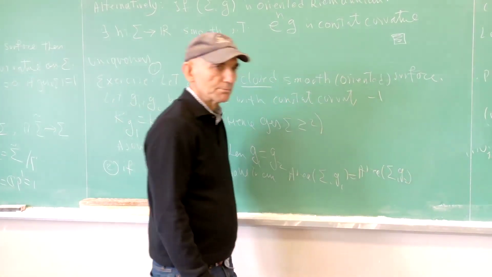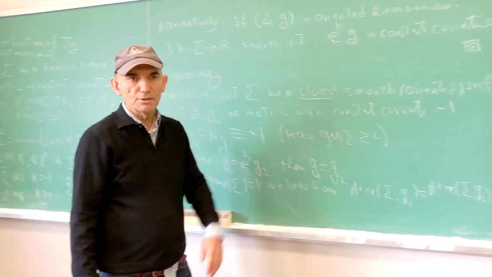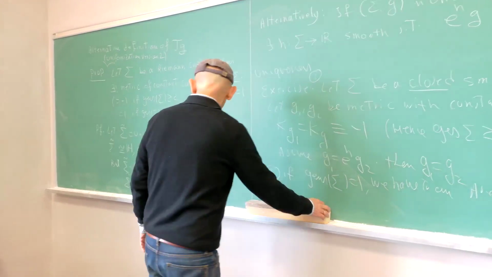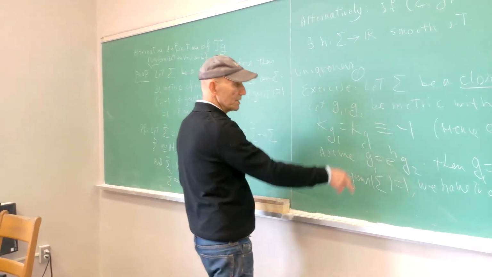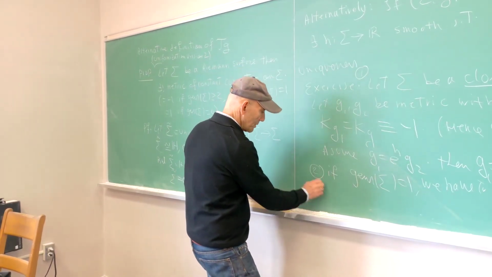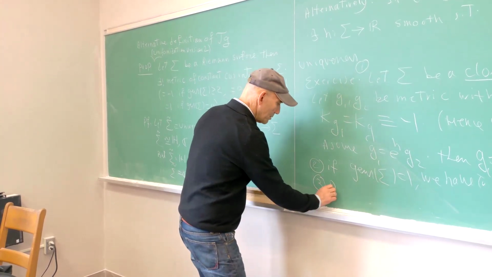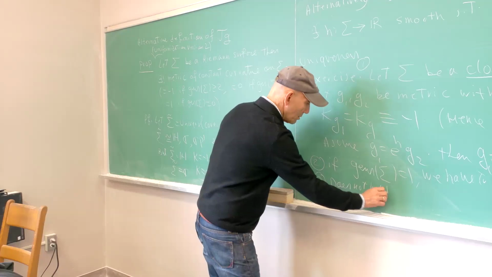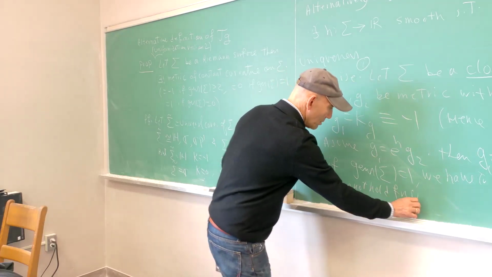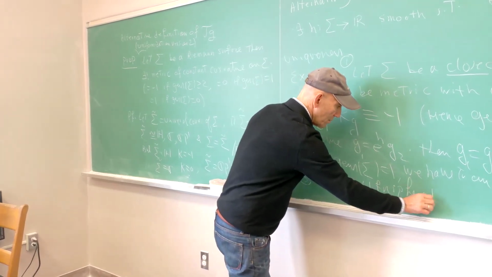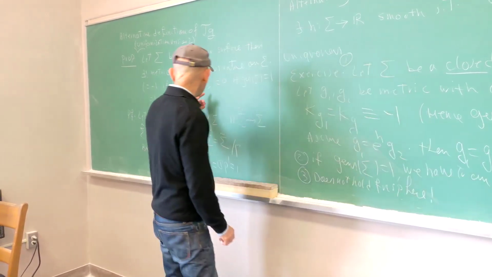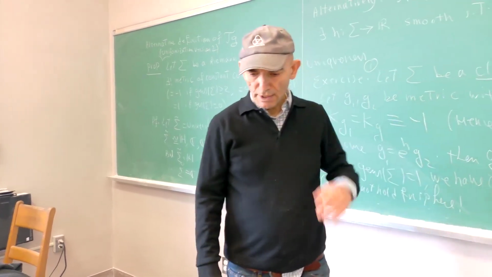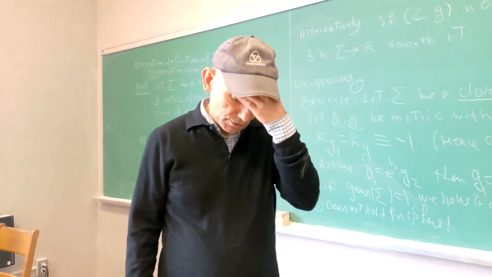You have the same area. If you assume this area condition, then uniqueness holds. But amazingly, this does not hold in the case of a sphere. This uniqueness fails in the case of the spheres. I want you to look at that too, because it's a very interesting issue.